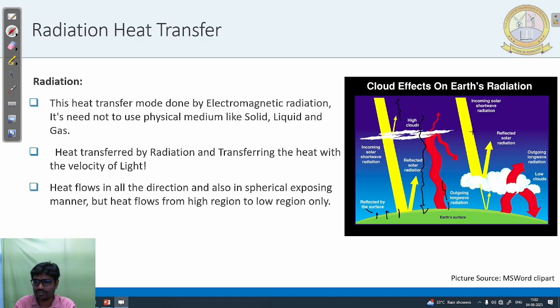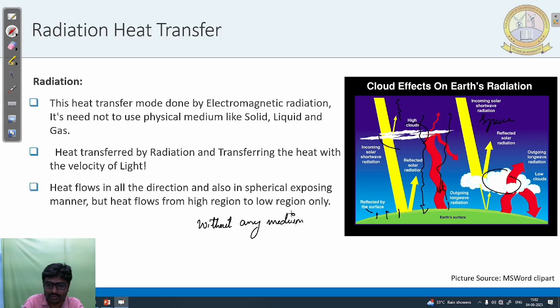In between there is space, and while passing we may see some clouds, but even without that the direct radiation falls towards the earth. This kind of heat we call radiation. If the heat is traveling without any medium, that process we call radiation.